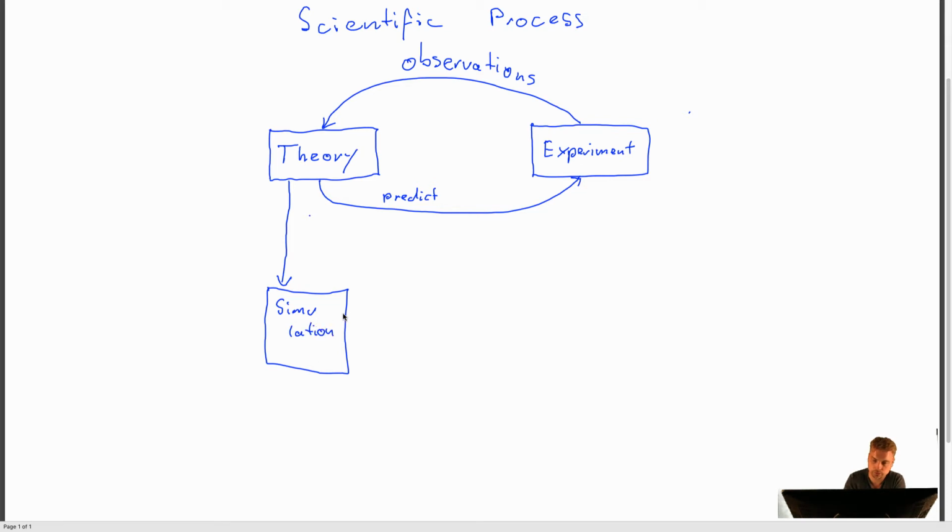So a simulation will basically give us observations, right, back to the theory, and also the theory will actually feed the simulations with predictions. And that we can use to shortcut experiments, right? So for example, sometimes experiments are very expensive or also dangerous, right?